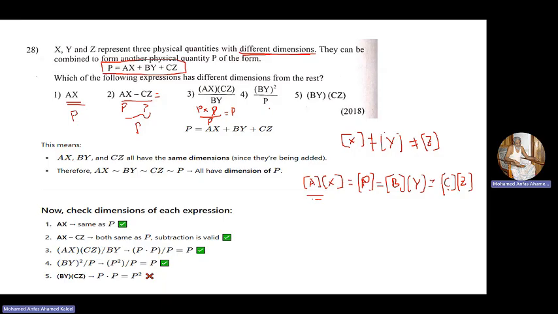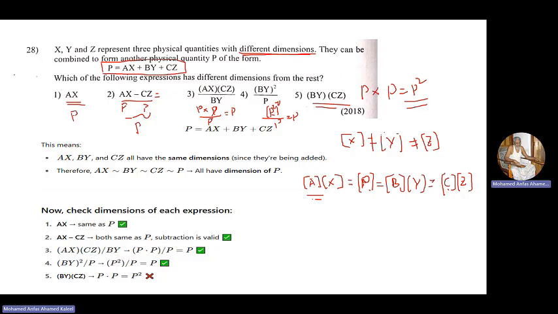BY squared is P squared, and P squared over P, the result is P. What about BY into CZ? BY is P, CZ is also P, so the result is P squared.